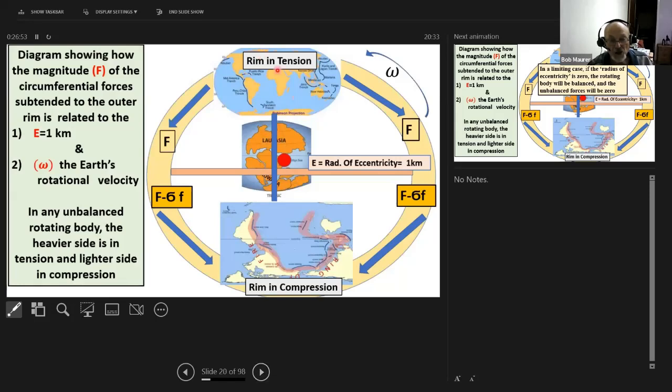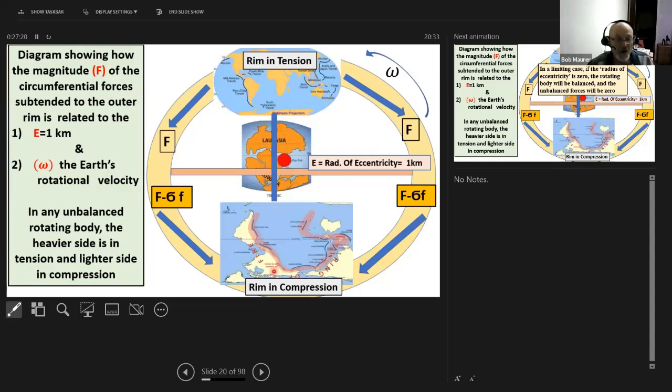There's the rim in tension of the Earth, the force, there's in compression. So we've got the splitting of South America, Australia, India, this side, that going east, this going west, and all of it meeting up in the Pacific. There's India coming to the Pacific, and on the other side, Australia coming in from the side, North America, Asia moving slowly but surely into the Pacific.